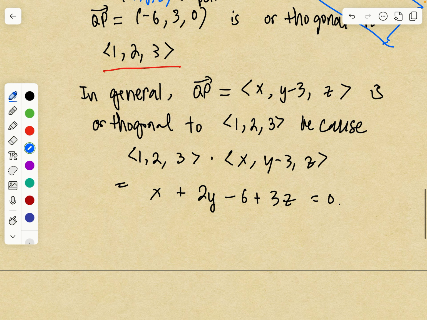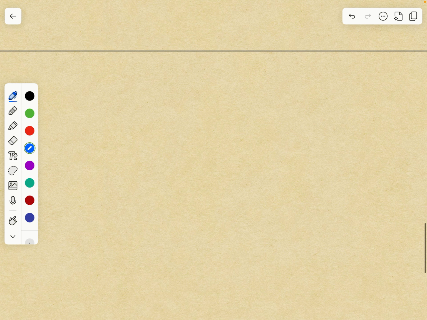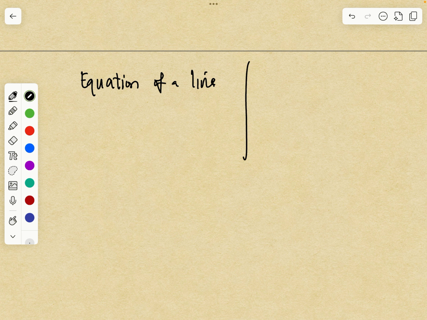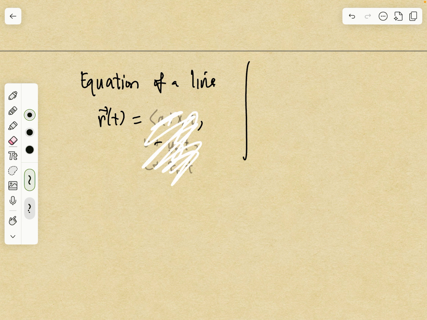Now don't get too hung up on the a, b, and c, because notice that if you have something like an equation of a line, you want a point on the line and then a direction vector.